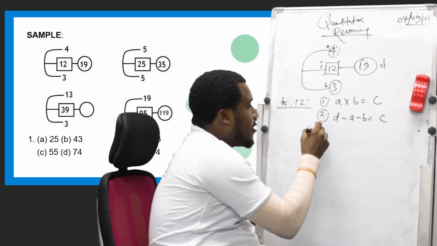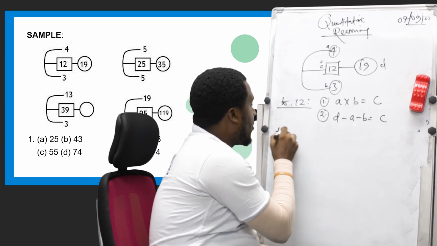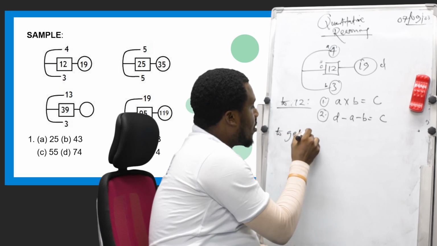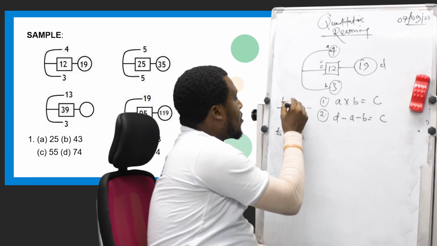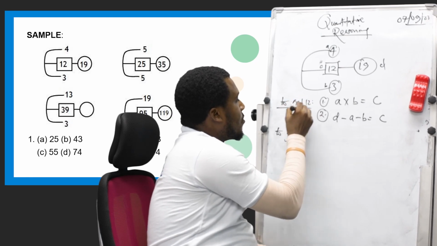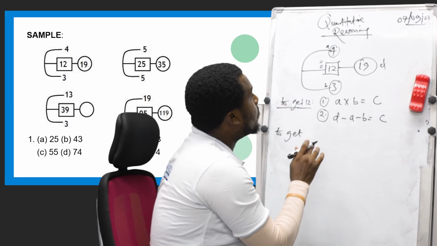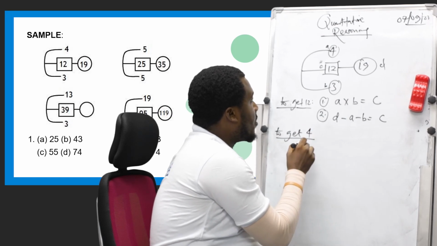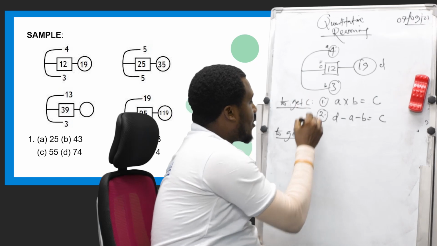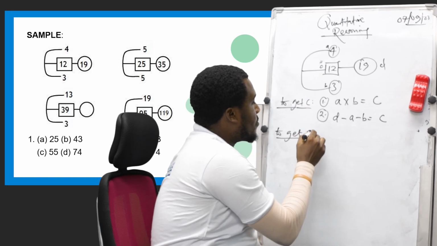Now, to get A, which is 4 in this case. Okay, let me call them by letter.